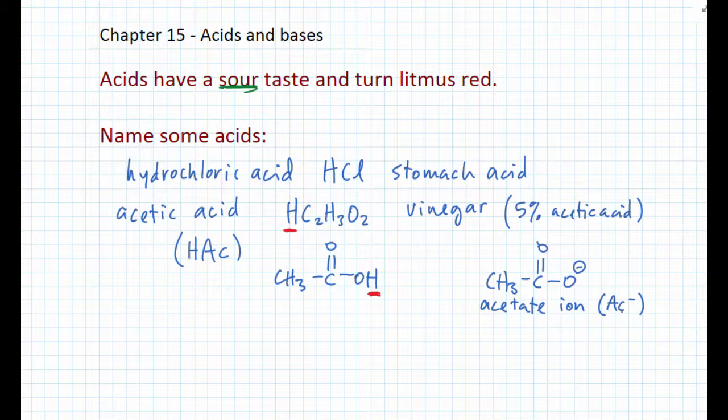So acetic acid, we'll see it written in several of those ways throughout this chapter. We use that as an example because that is a very commonly used weak acid. We'll define the differences between those, but that's a weak acid. Hydrochloric acid is a strong acid.